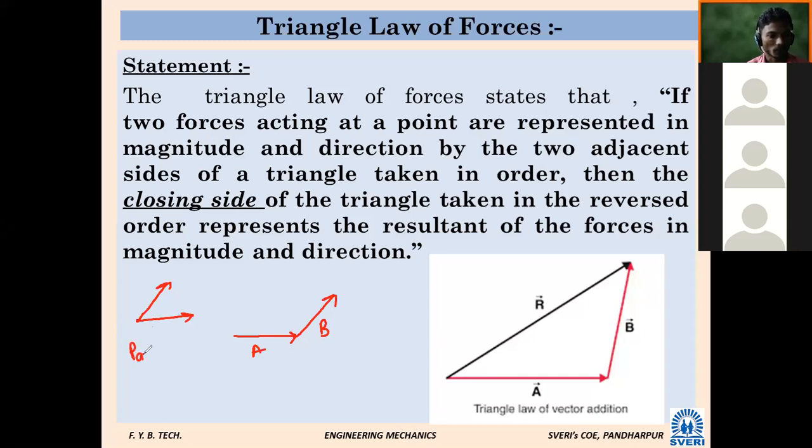Here I will say parallelogram law, and here a triangle. So this is the difference. In both cases, though there are two forces, in case of parallelogram law of forces, the nature of forces is concurrent and coplanar. Here only coplanar. So we cannot say, though it is concurrent, one force ends, another starts.